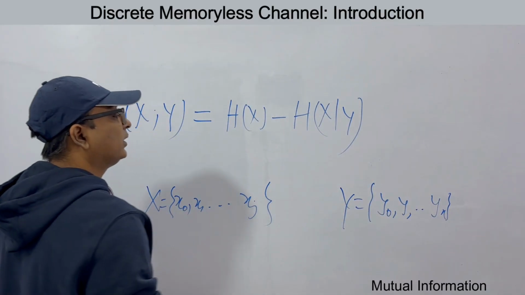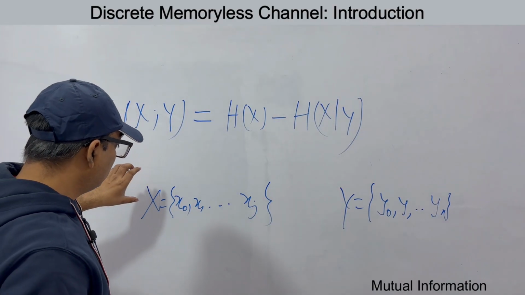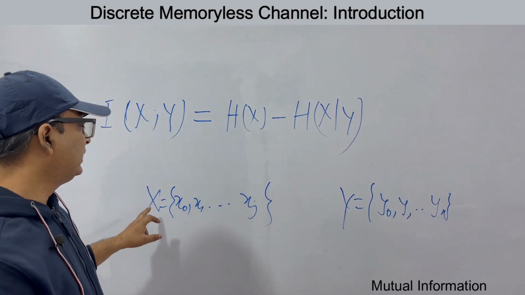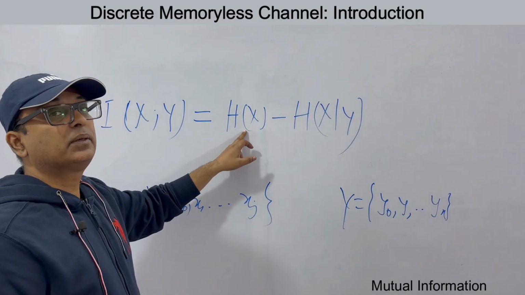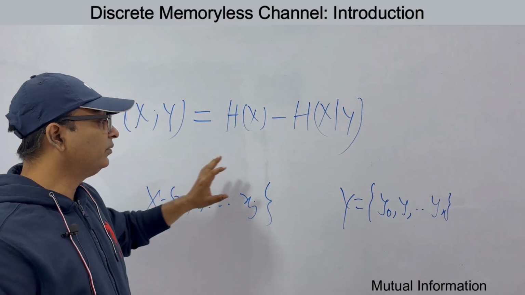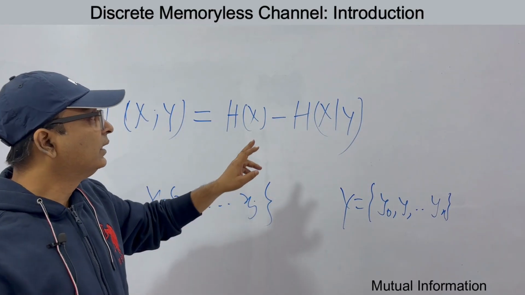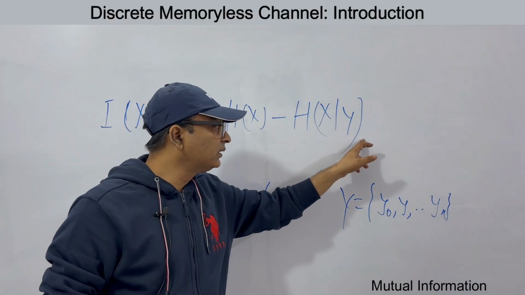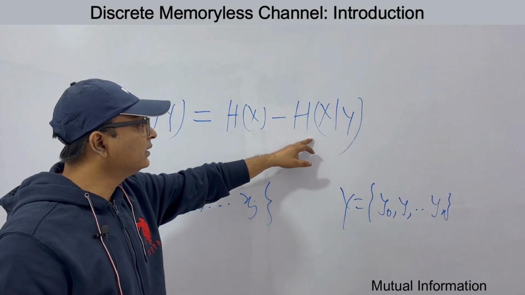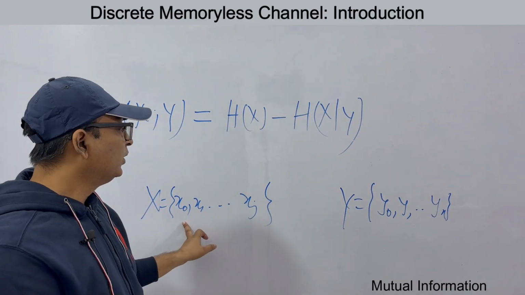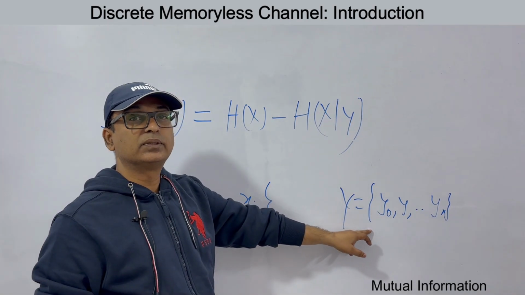We don't know what the output is, so the uncertainty associated with it is represented by H(X). And in similar terms, this is the uncertainty of the input when the output has been observed.